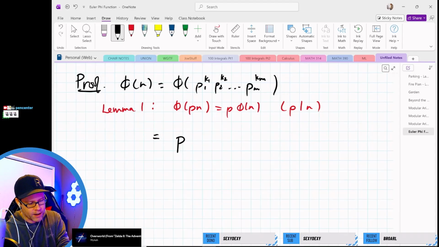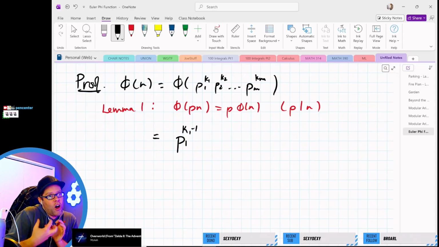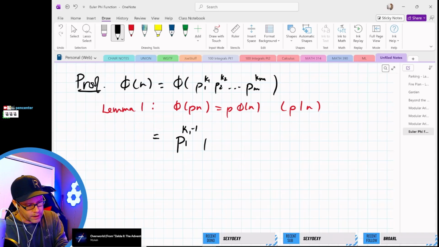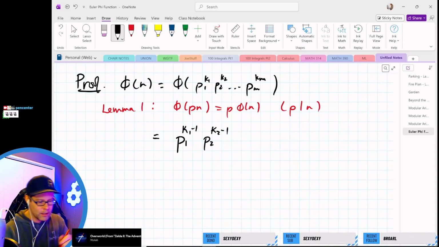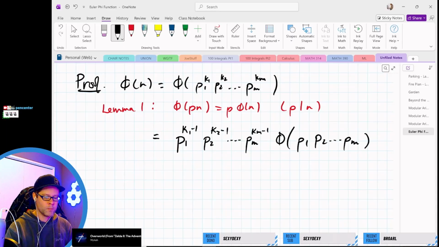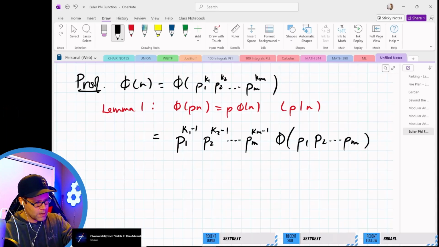We can actually factor out k1 minus 1 of the p1s. I can factor out all of them except for that last one. Same with p2, I can factor out all copies of p2 except for that last one. So all of these prime numbers can get factored out except for the last one. So I'm going to be kind of stuck with something that looks like this.